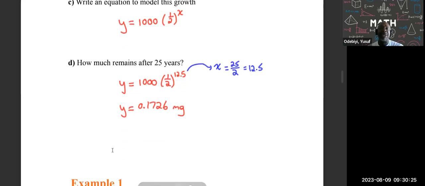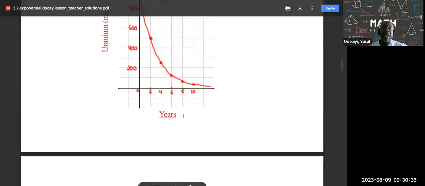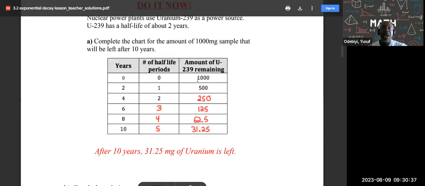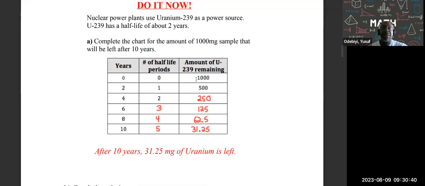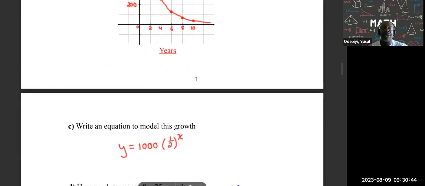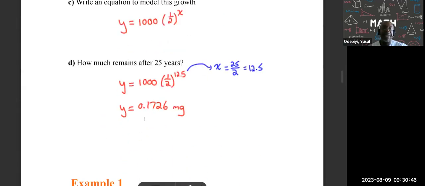After 25 years, you will have 0.1726 milligrams. Okay, you start off at year 0 with 1,000 milligrams. Now you're going to go all the way down to after 25 years, so basically nothing. Really, really small amount. Okay.